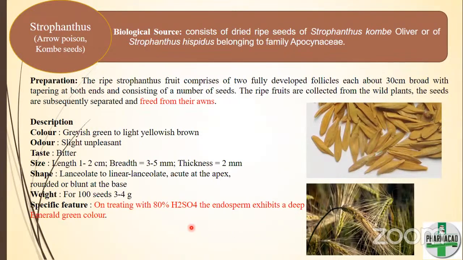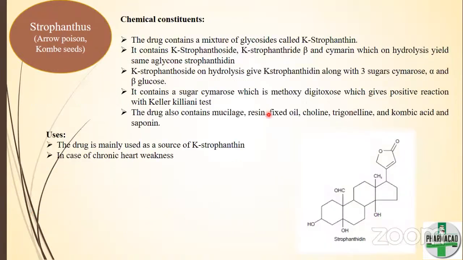Now on treating this with 80% sulfuric acid, the endosperm will exhibit a deep emerald green color. Major chemical constituents are a mixture of glycosides called K-strophanthin. It contains K-strophanthoside, K-strophanthin beta, and cymarin, which on hydrolysis will yield the same aglycone strophanthidin.